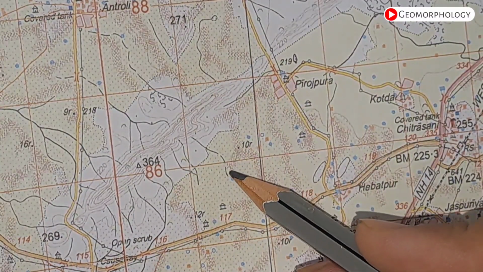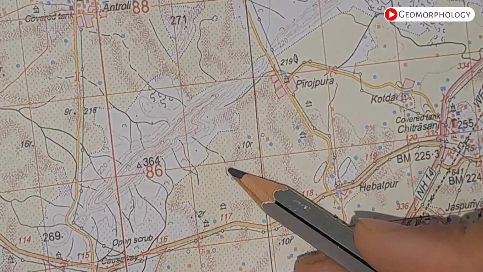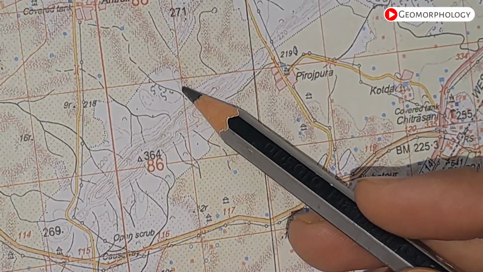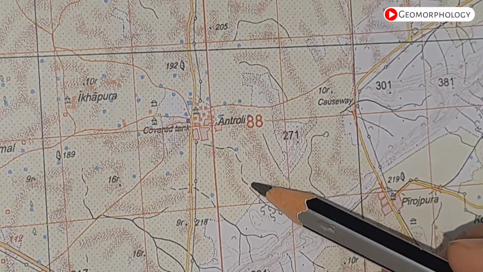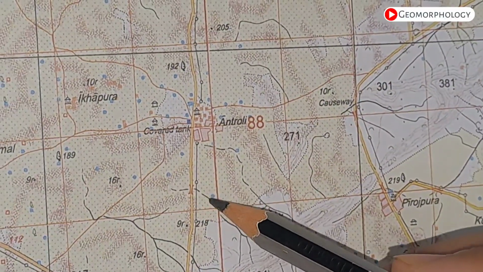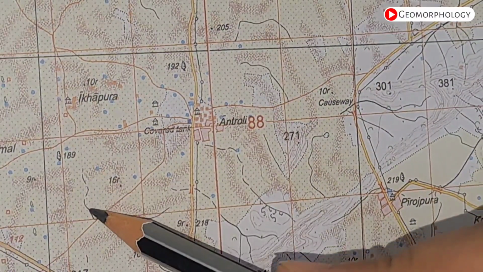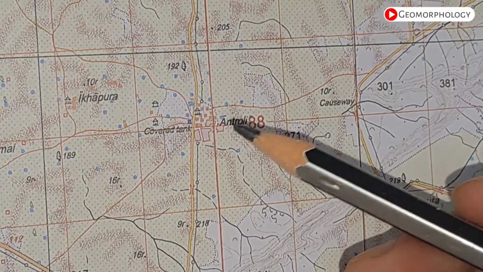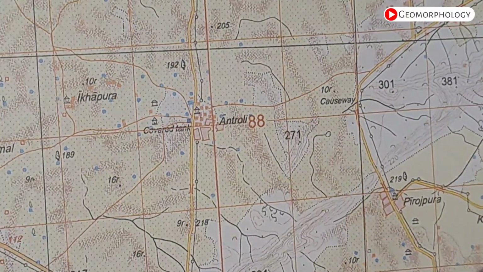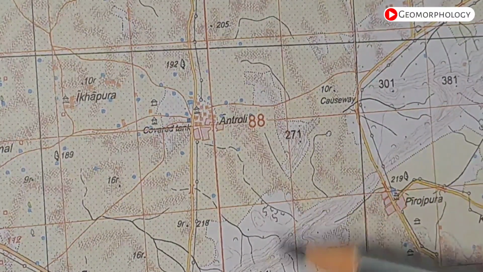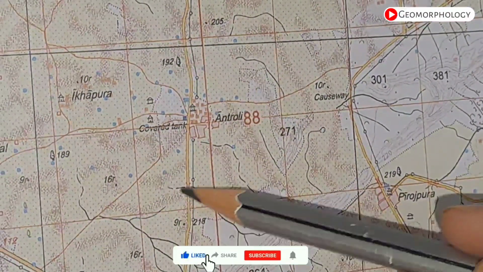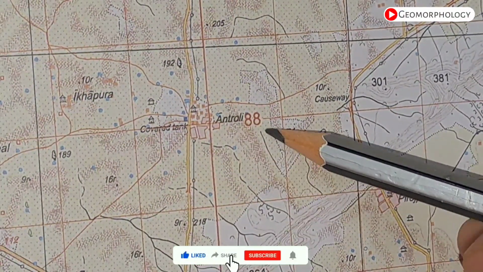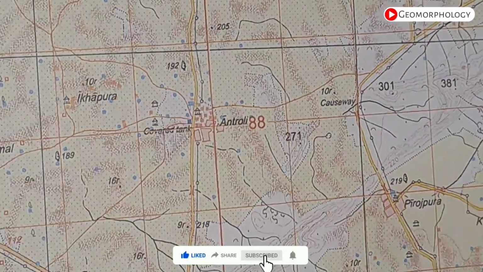Now they are marked with a dotted line. So this is a disappearing stream. Another disappearing stream is here. The stream has suddenly disappeared. There is no end point for these streams. We can't see the mouth or the ending portion of this stream where they are draining into. They are suddenly disappearing in the sandy desert. So they are known as the disappearing stream.